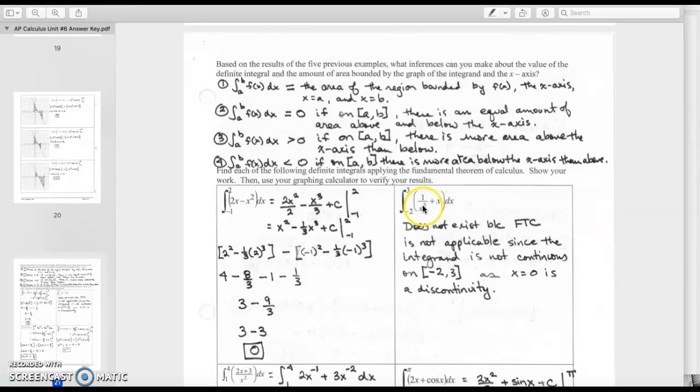It's a discontinuity there, which would say, well, we can't exactly find this area from negative 2 to 3. Now, it's very rare that an AP test would ask you to do this problem based off of this discontinuity. So it's really not feasible for us to solve this. And you could look at a graph and actually see what that answer is.